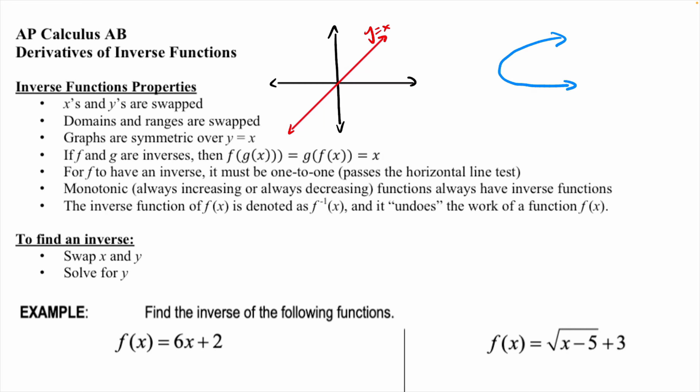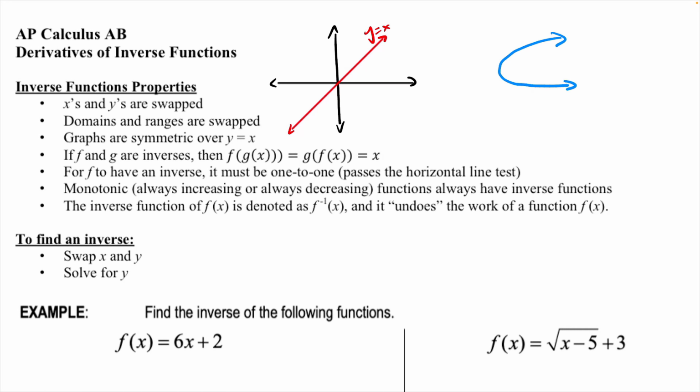So if your biggest power is even, it's not going to pass the horizontal line test. The only things that have inverses are linear, x to the 1st power, cubic, x to the 3rd power, x to the 5th power, x to the 7th power, x to the 9th power, things like that, okay?